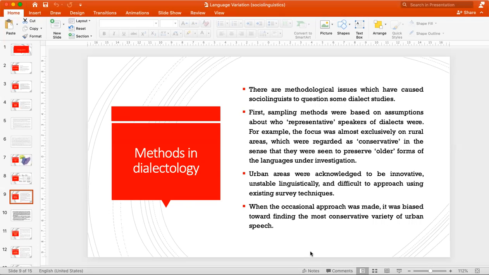The methods in dialectology. There are methodological issues which have caused sociolinguists to question some dialect studies.